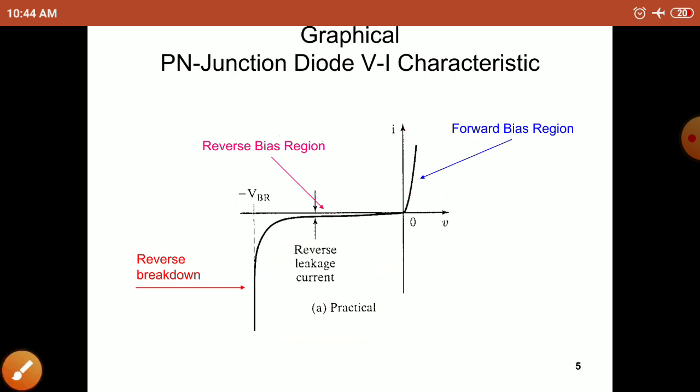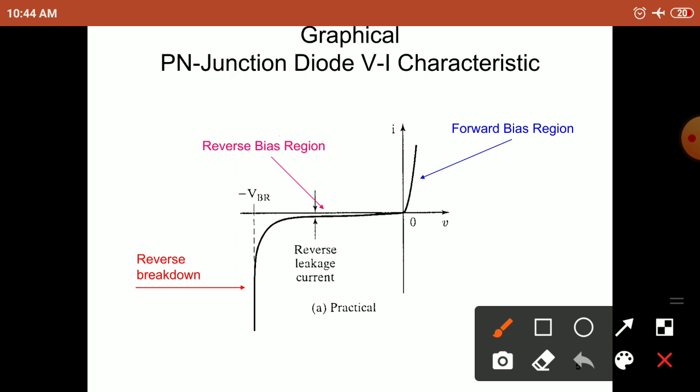I will tell you why. In the first quadrant, we apply a positive voltage to the anode terminal and the cathode is negative. Because of that the diode is forward biased and the current starts flowing. Initially we have not applied any voltage, so there is no current flow.